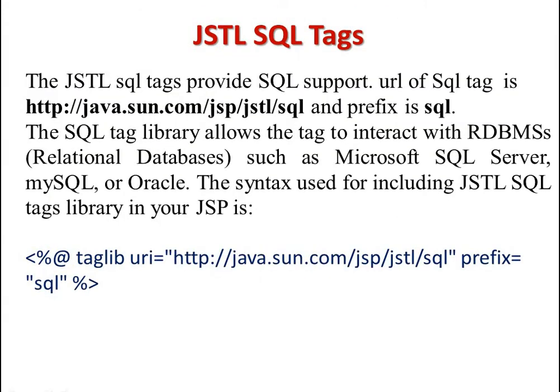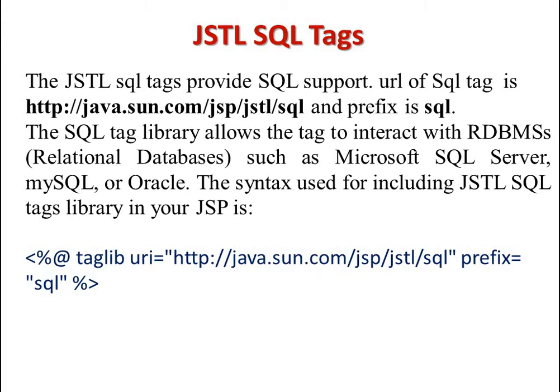Then SQL tags, that is the most important thing, because when we are making the database connection, it is the most important factor. So JSTL SQL tags provide SQL support, and the URL for the SQL tag is java.sun.com/jsp/jstl/sql, and the prefix required is sql.